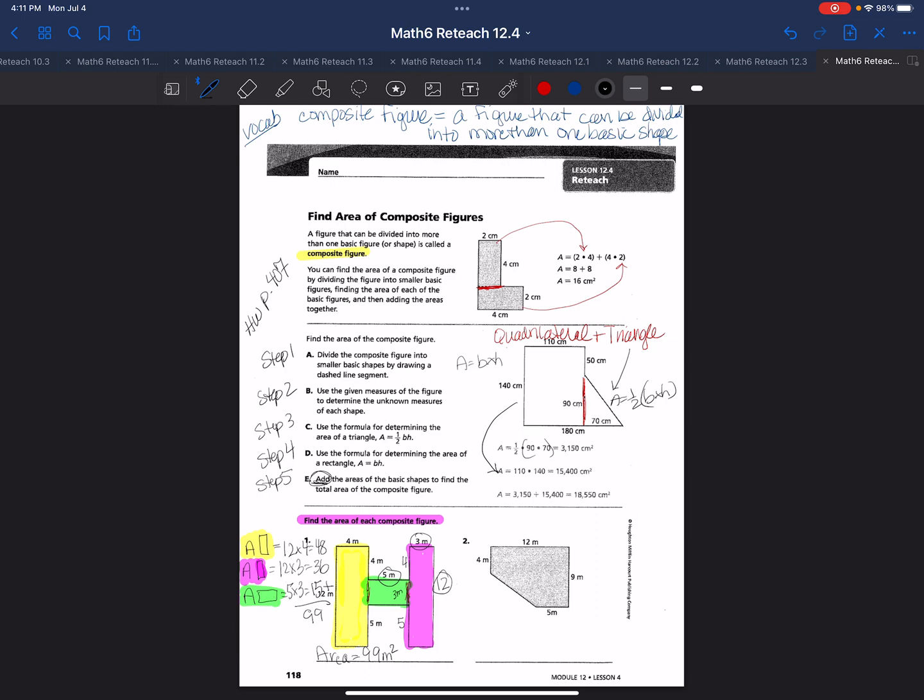Okay, let's do this last one together. This one's a little trickier, but I still know the area of rectangles and I know the area of triangles. So if I did a dashed line right here, then I know I could find the area of the rectangle, and then here I have the area of the trapezoid.